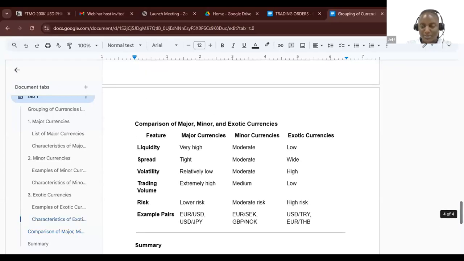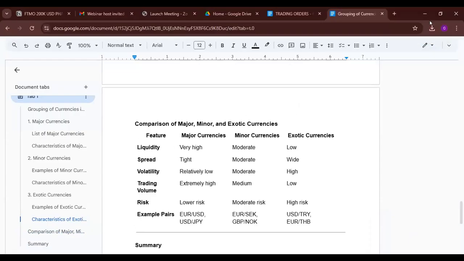So we have covered that, in terms of grouping currencies. Then I will get to talk about the trading orders. Before we talk about the trading orders, I think it's best for us to understand how we reach the platform where we're going to place the orders.